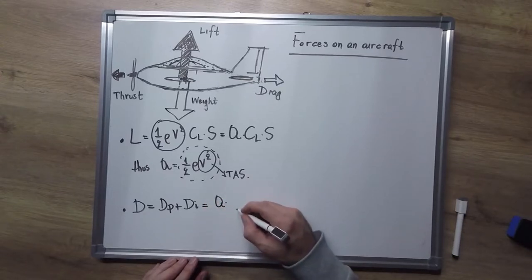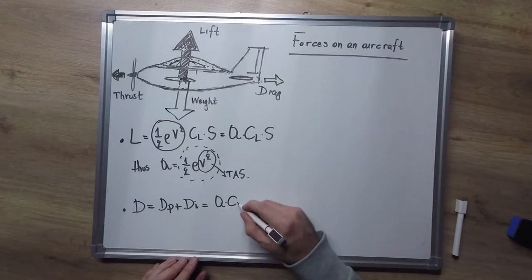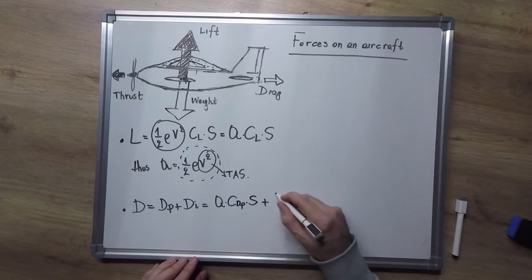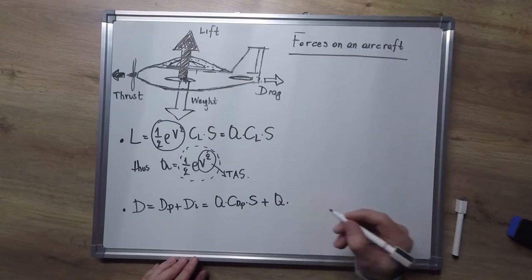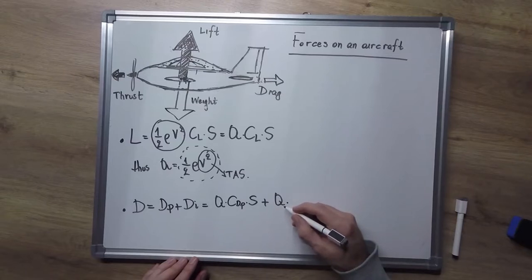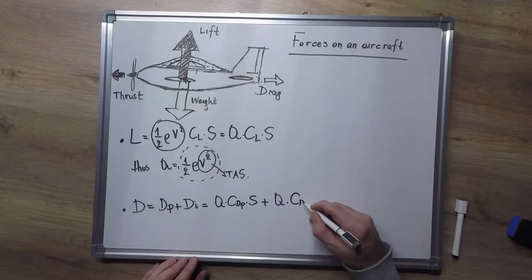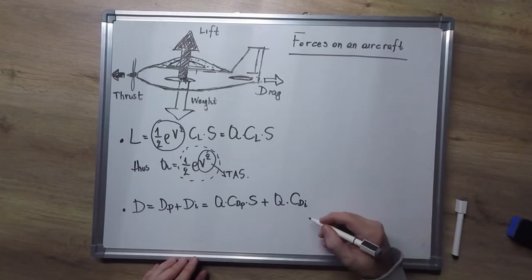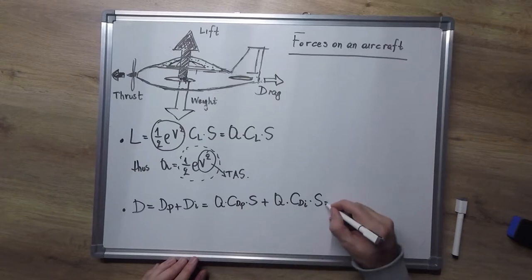Parasite drag is the dynamic pressure times the coefficient of parasite drag and the wing surface, and the induced drag is the dynamic pressure times the coefficient of induced drag and the surface of the wing.